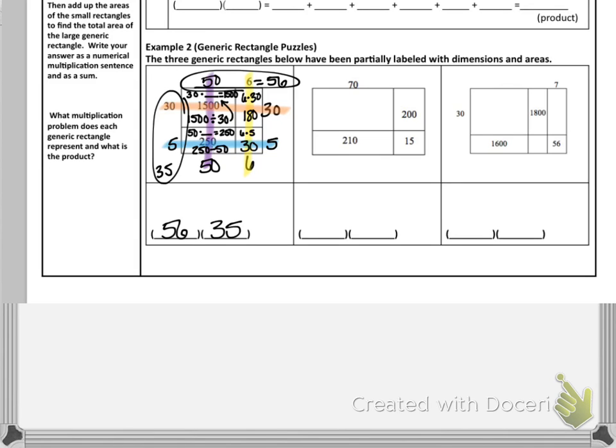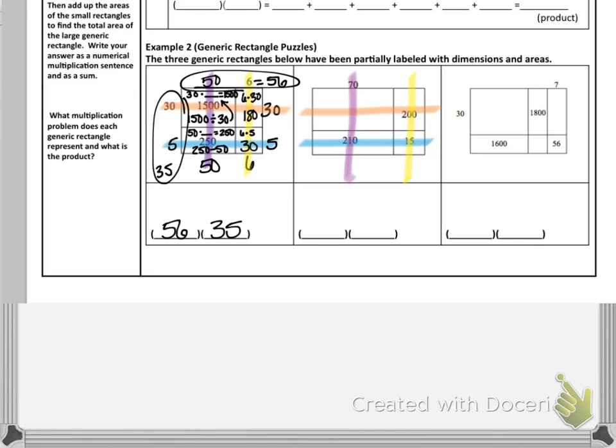Let's try another one. Again, grab your 4 colors. I'm going to keep my 4 colors in the exact same place I used them before. Now that I have my 4 colors in, I'm going to transfer.